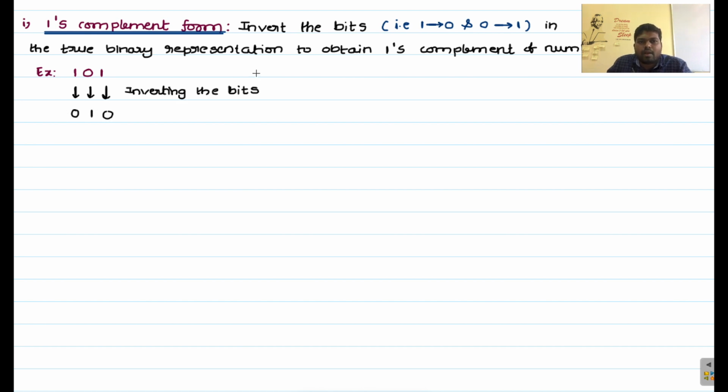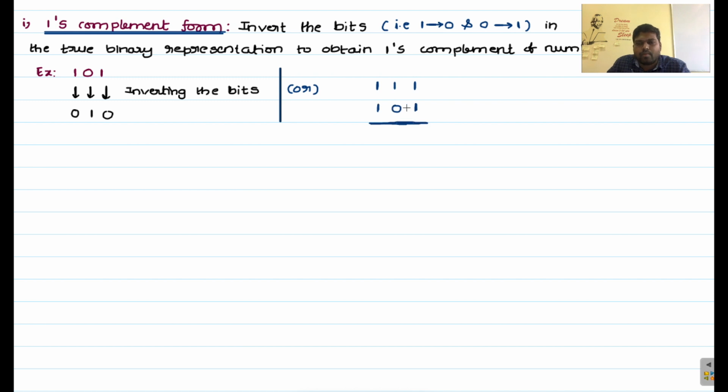Okay, so an alternate way. The given number is a 3-bit binary number, so you can take all 3 ones, that means 1 1 1. From this number you remove the given number, that is 1 0 1.